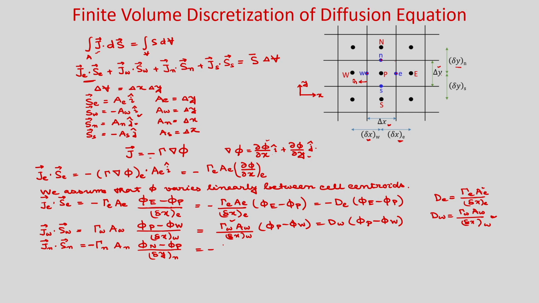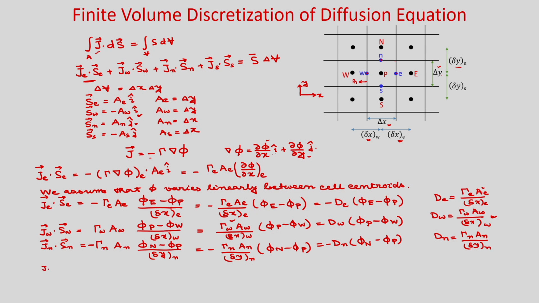So, you can write minus gamma_n A_n by delta y_n times phi_N minus phi_P, and with this diffusion coefficient you can write D_n times phi_N minus phi_P, where D_n is gamma_n A_n by delta y_n. Okay. In this case delta y_n is delta x.